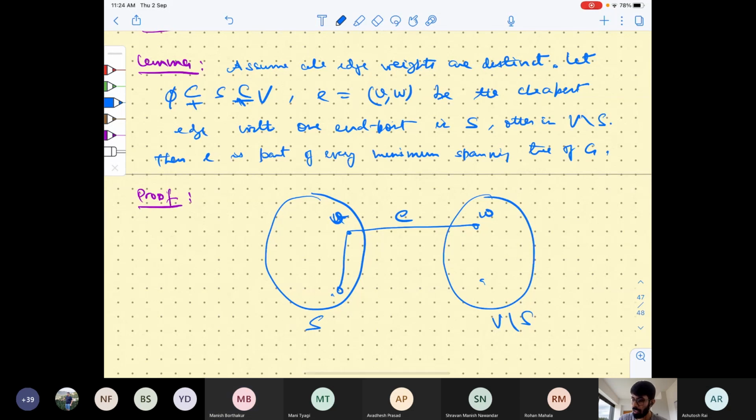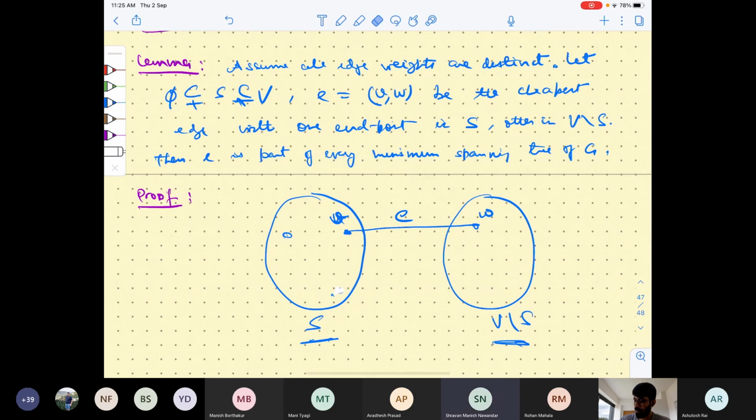Suppose the MST just looks like this, and this is your S, and this is your V minus S. Suppose your graph itself is this. Oh, yeah, sorry. I didn't think of that. So just need to be slightly more careful. Yeah. Any other ideas?